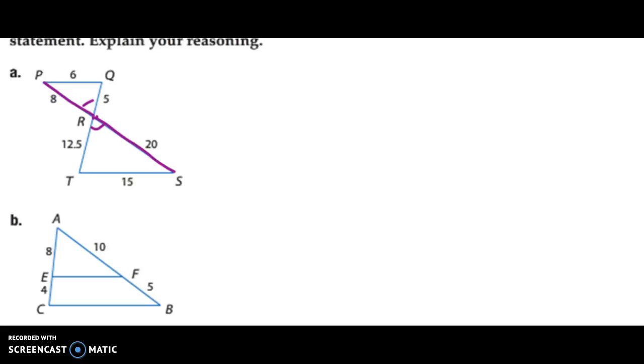So I'm going to write out my proportion. I'm going to say RP, which is 8, over RS, which is 20, should be proportional then to RQ and RT. So that'd be 5 over 12.5.